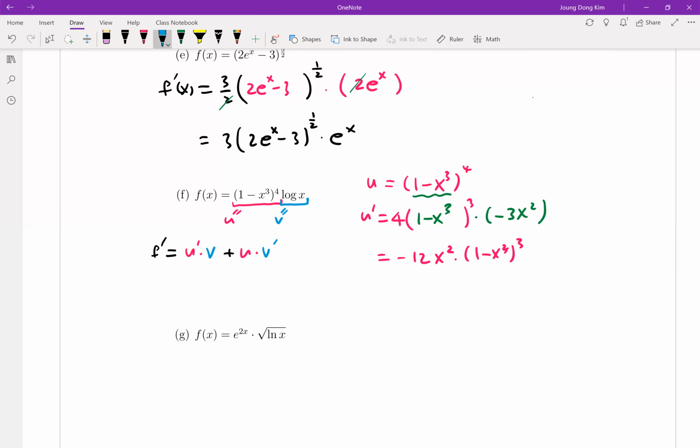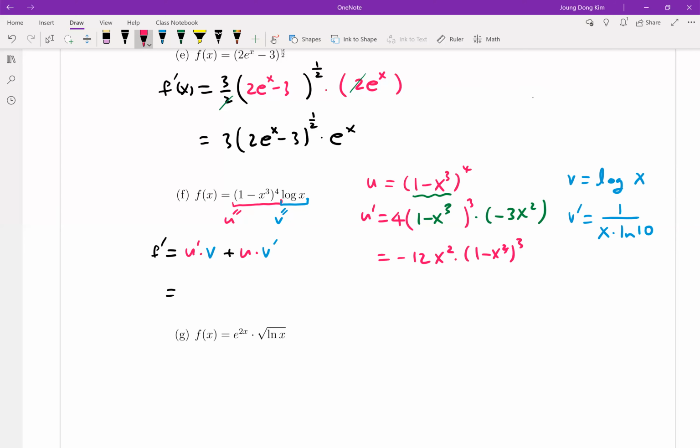What about my second function? It is log x. Keep in mind the base is 10. What is v prime? It is 1 over x, and you have to multiply by ln 10 because your base is not e but 10 for the log function. Now we're ready. Let's do the puzzle.